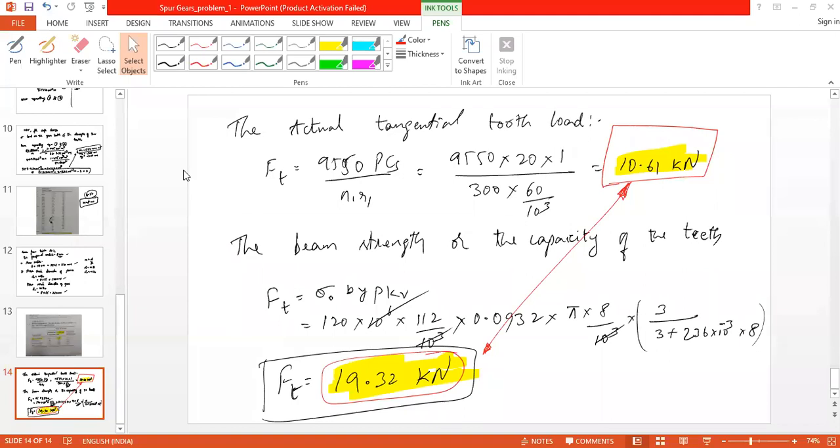And the face width is 10 times the module. Find the module, face width and number of teeth on each gear.